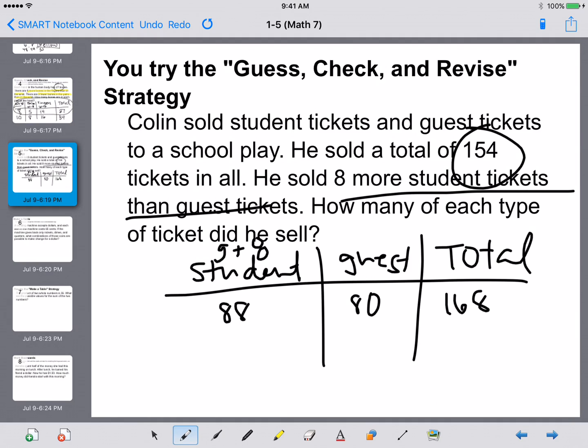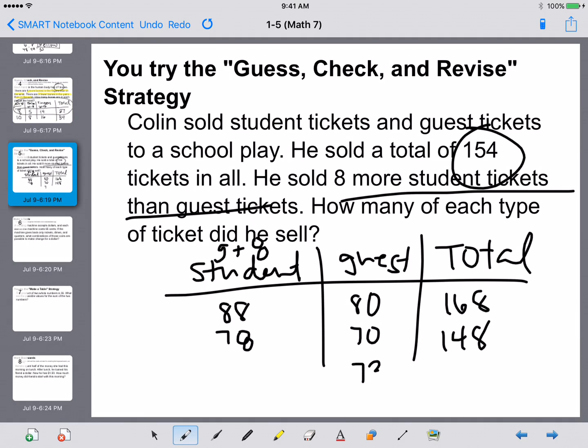I've got to get smaller. So now let's try 70. 70 plus 8 is 78. Now we're at 148. Okay, a little closer to 154, so I'm just going to get a little bit bigger. My favorite number is 3, so I'm going to go up by 3.